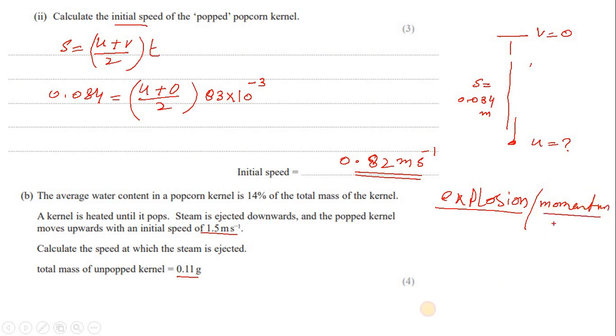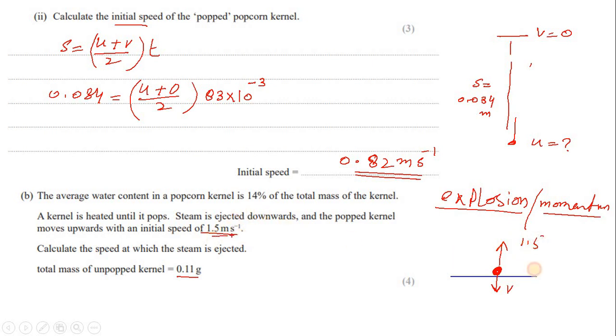Now what is happening in this question? You have an unpopped kernel, maybe on something on which you put a popcorn, and this is a popcorn kernel here. Now when it is heated, what happens? The water content inside, due to high temperature, the water content or steam goes down with some velocity v, and then this popcorn kernel moves upward with velocity, let's say 1.5.